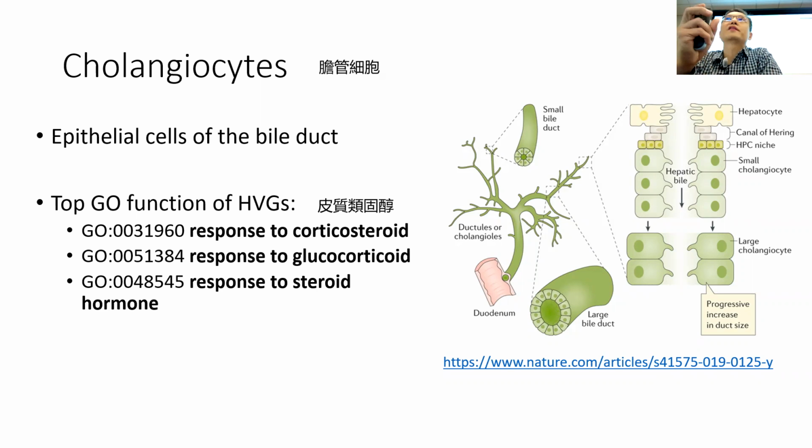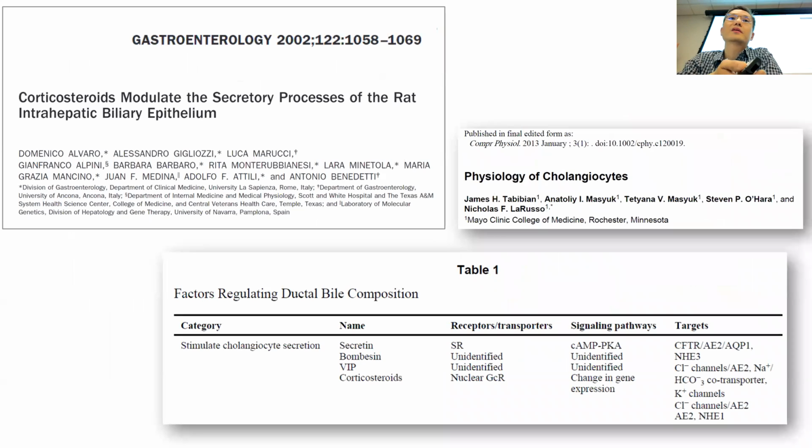This is a very specific epithelium cell, and you can search the literature: the most important function of cholangiocytes is to sense stimulation from hormones. So that again is a positive example. We can use highly variable genes to characterize highly specific functions of cells.